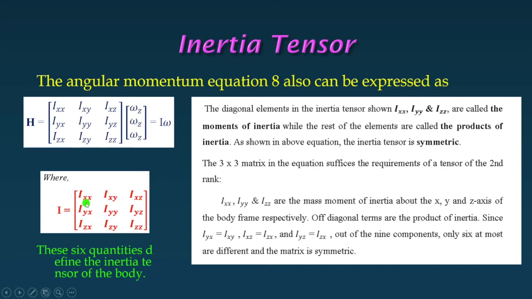Notice that in the case of a vector, say here the vector is omega, to represent the omega vector we need omega x, omega y and omega z. Means only one subscript, either x, y or z, is required. But here, to represent inertia, 2 subscripts are required. That's why this is called the tensor.